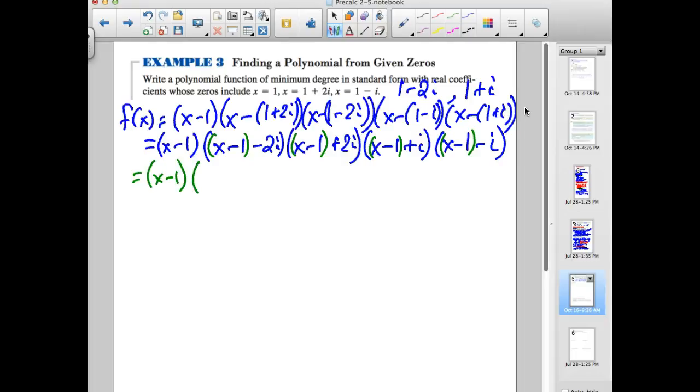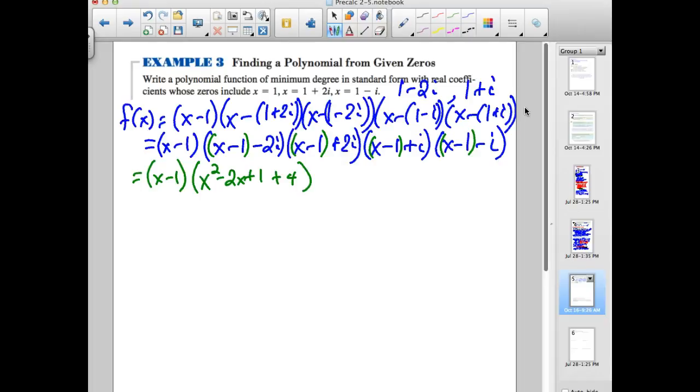All right, so multiplying the second and third factors. x minus 1 times x minus 1 gives us x squared minus 2x plus 1. And then a minus 2i times a positive 2i is negative 4i squared, which is positive 4.